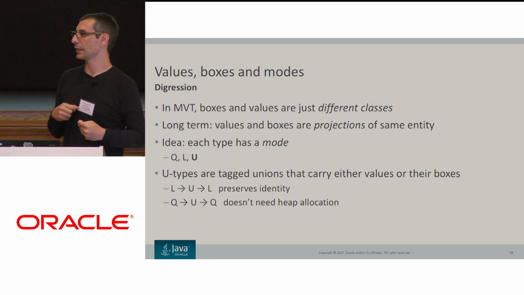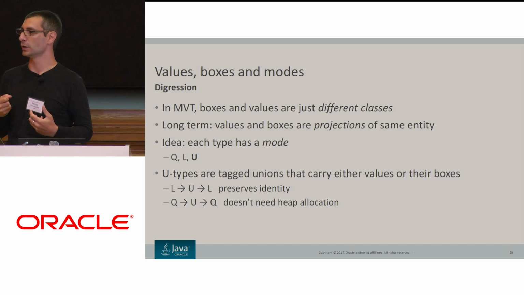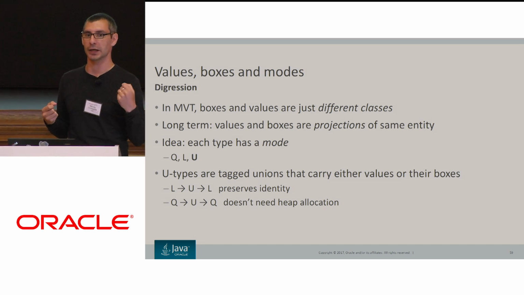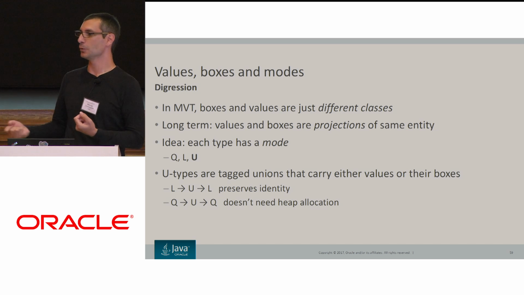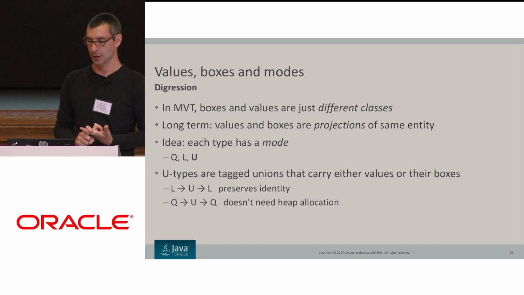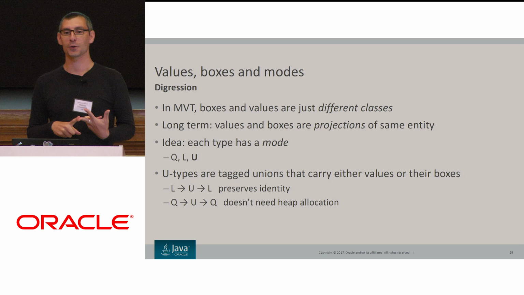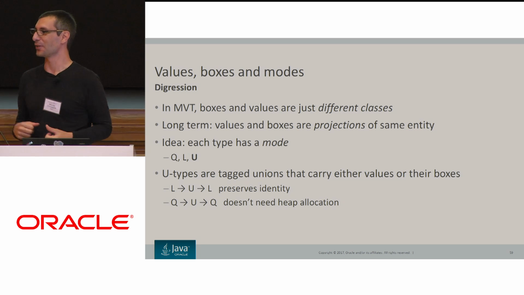And that's an idea that John had about attaching to each type a mode. So we already know about the Q mode, which means a value. We already know about the L mode, which means reference. But there's, we think, also a third interesting mode, which is called U, where U stands for union or universal.